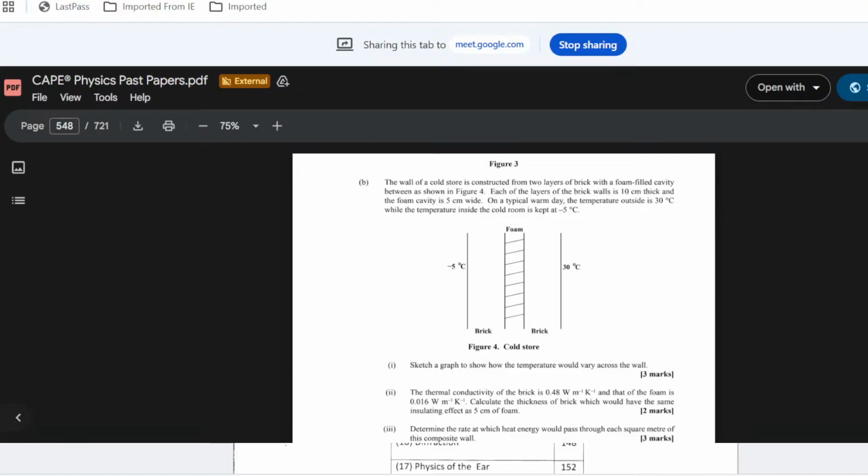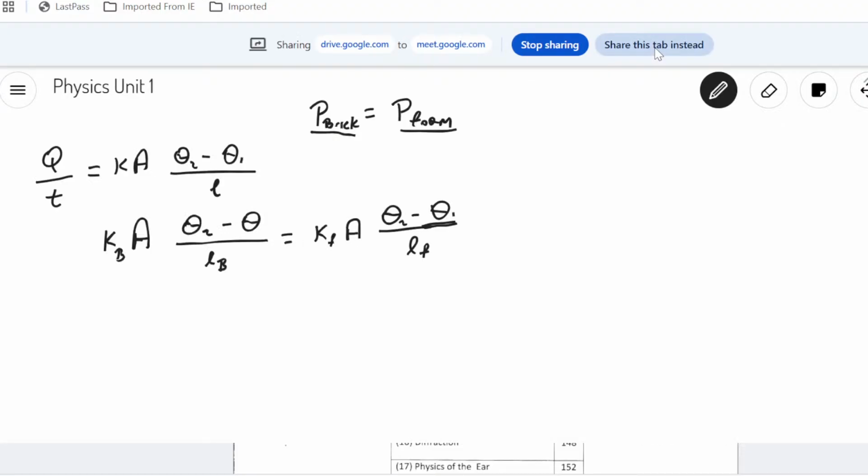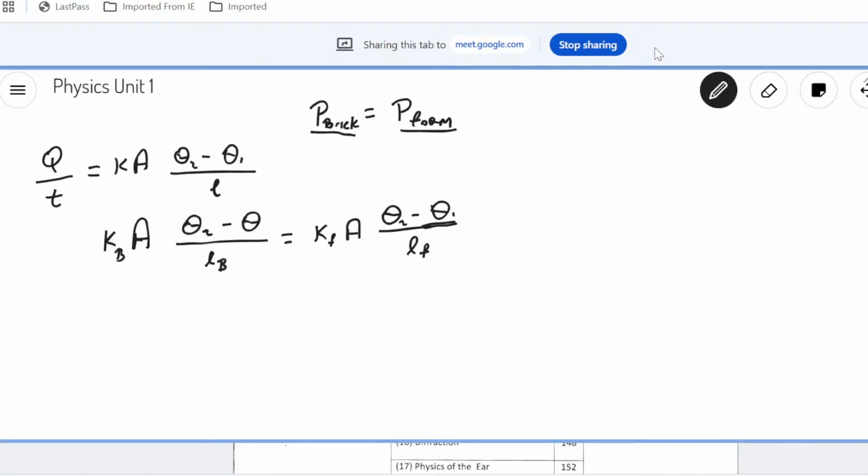In this equation, what's going to be the same? We can simplify this expression. The difference in temperature doesn't change, so same difference in temperature, same insulating effect.